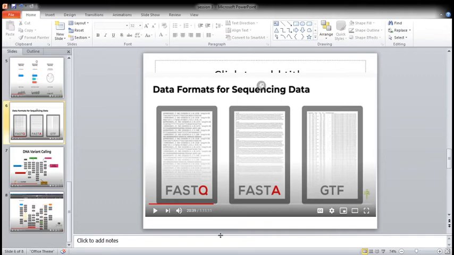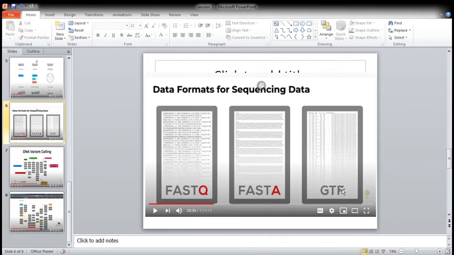In FASTA files, there is no coding information. It represents either nucleotide sequences or amino acid sequences, and also has the raw data for sequencing. And GTF is a notation identical to GFF, the gene transfer format.